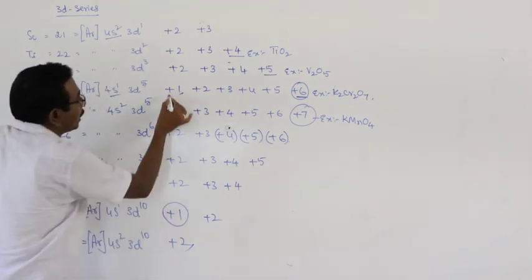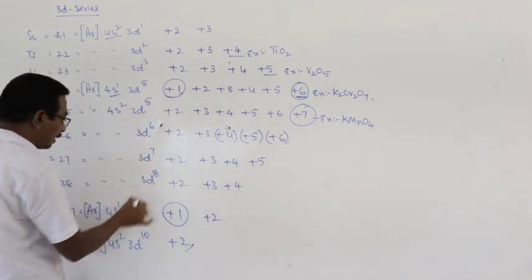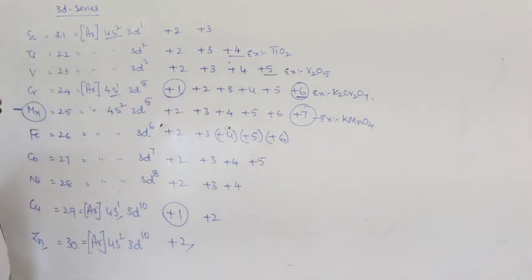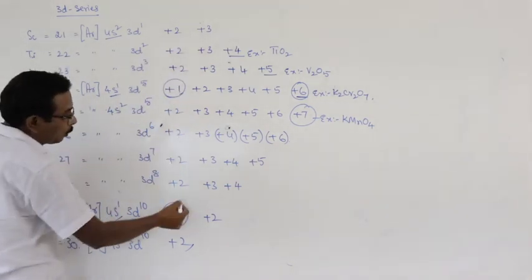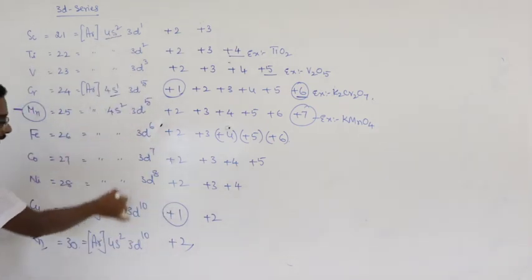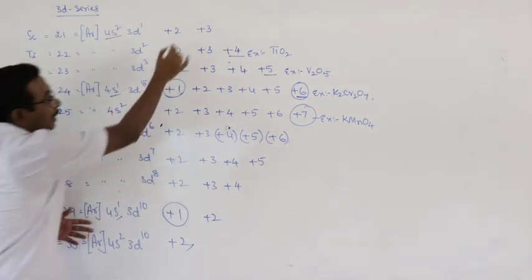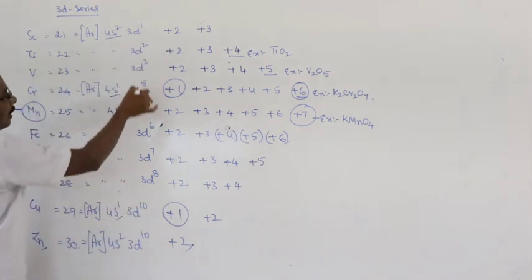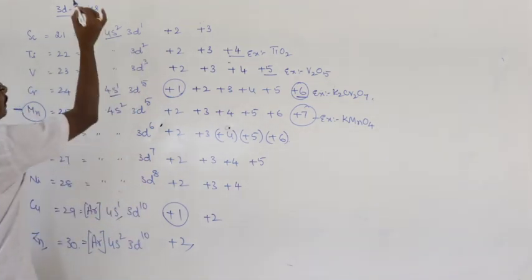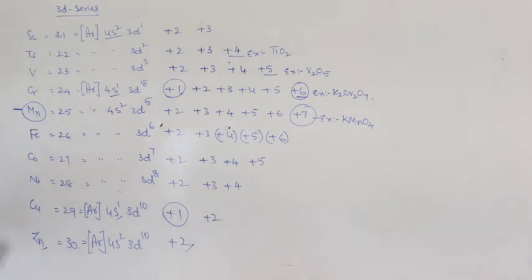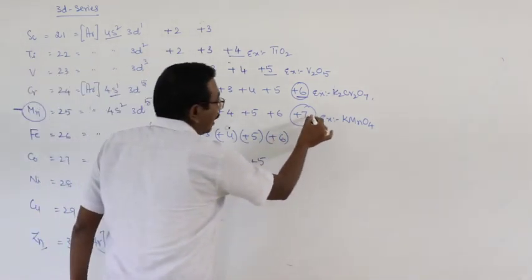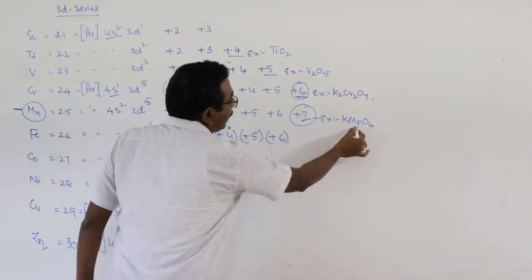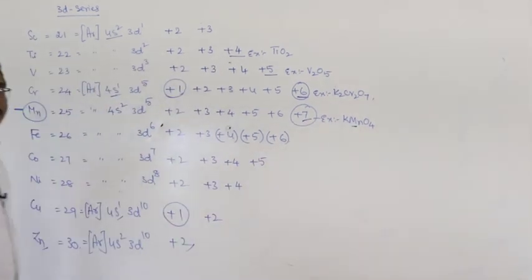Abnormal oxidation state +1, that is due to loss of outermost s electron. General oxidation state +2, that is due to loss of outermost s electrons. And variable oxidation states, that is due to loss of (n-1)d electrons along with ns electrons. In 3d series, the maximum oxidation state shown by manganese, that is +7, example potassium permanganate.